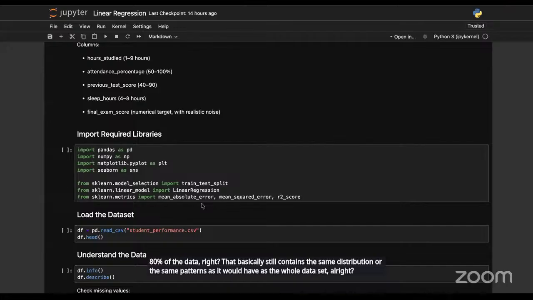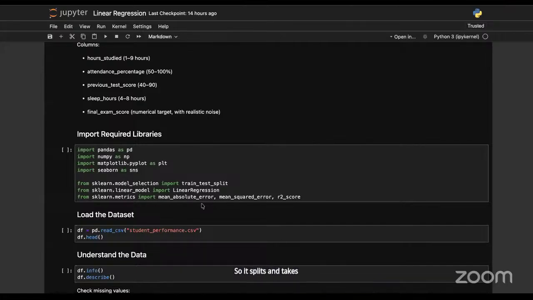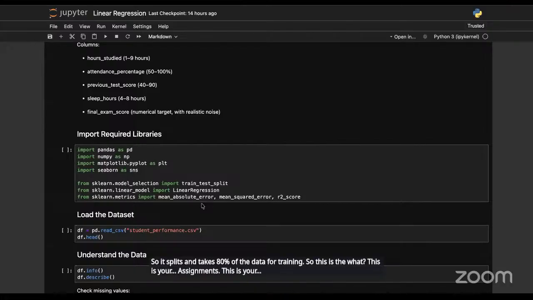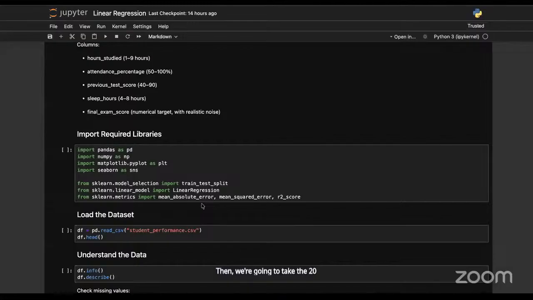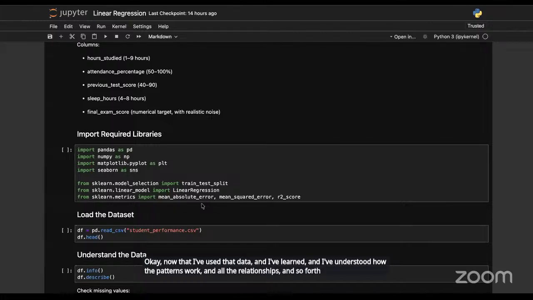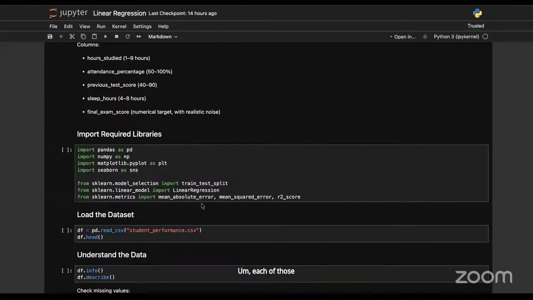This 80% is your assignments, your short quizzes, the content that we provide you, the webinars. Then we take the 20% to test. Now that I've learned and understood how the patterns and relationships work, I take this 20% to see if I can predict each of those data points. That's what the train test split is used for.